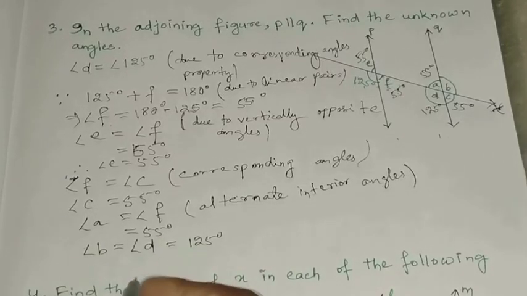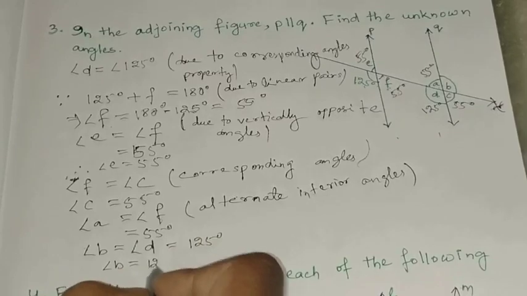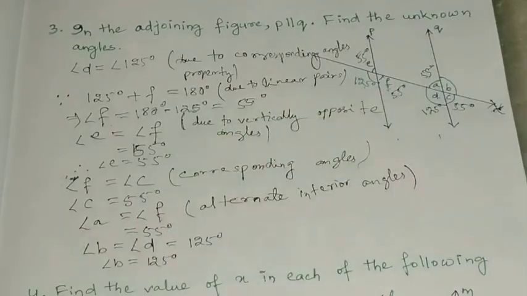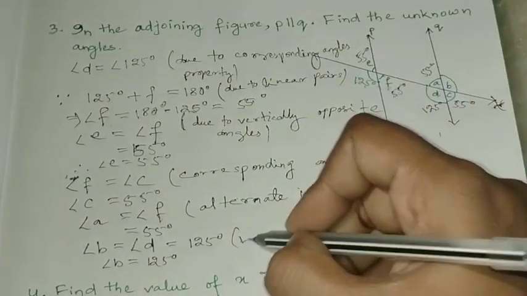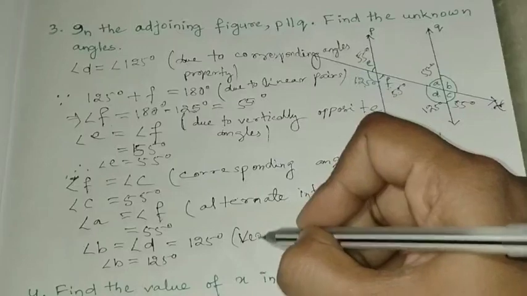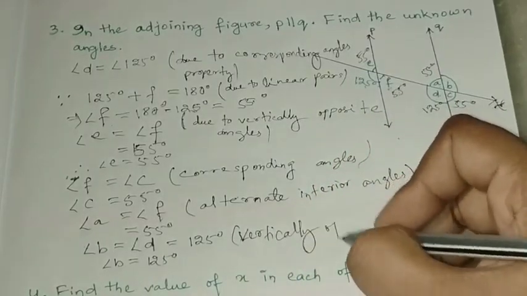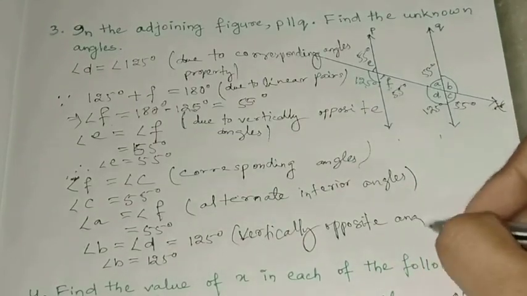So that's why angle B equal to 125 degree. Why? Because these two are vertically opposite angles. So you can write it as vertically opposite angles.